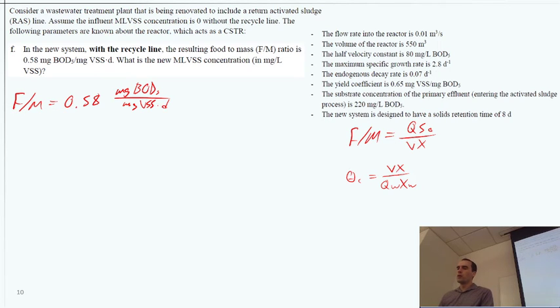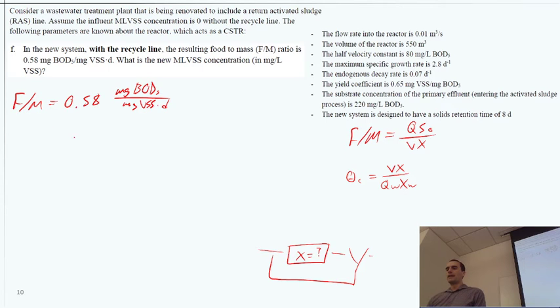And we're looking for the new MLVSS concentration, and really what that's referring to is, inside the aeration tank, what is the X? So essentially what we're looking for is that new amount of X in the system, after we started recycling the water.